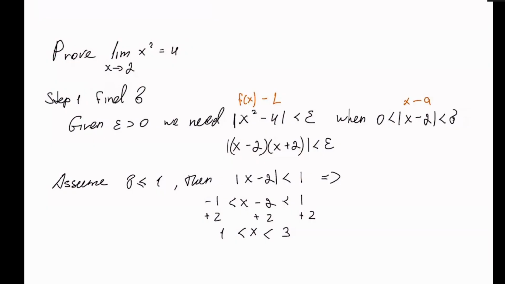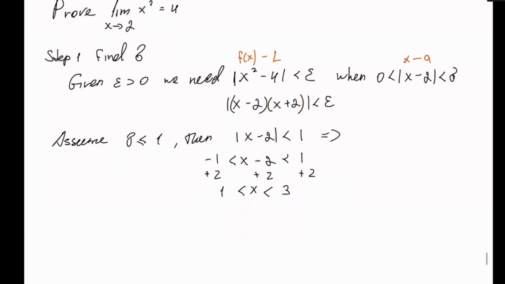So if we add 2 to all three sides, we get x is less than 3 and greater than 1. So from here, we want to, again, control x plus 2, so we will add 2 to this inequality, so that we reach this x plus 2 to find the upper bound. So we need to add 2 again. So we have x plus 2, which is exactly this guy right here, right?